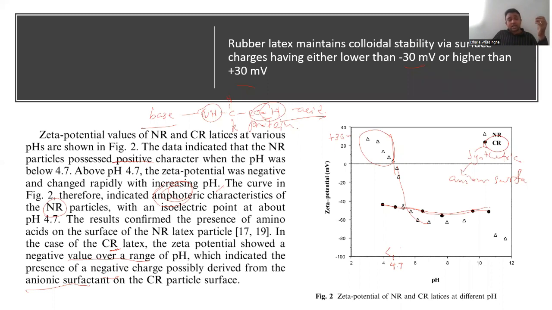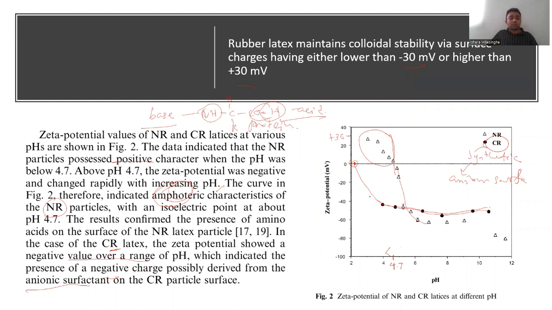system, right? So it shows negative zeta potential over the range. If we further reduce the pH, it will become here, and sometimes it will get zeta potential 0 at this point.